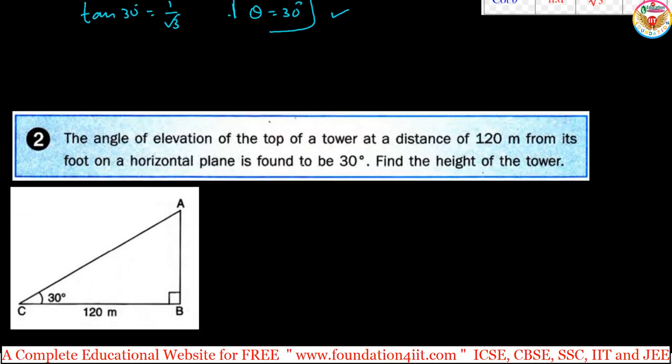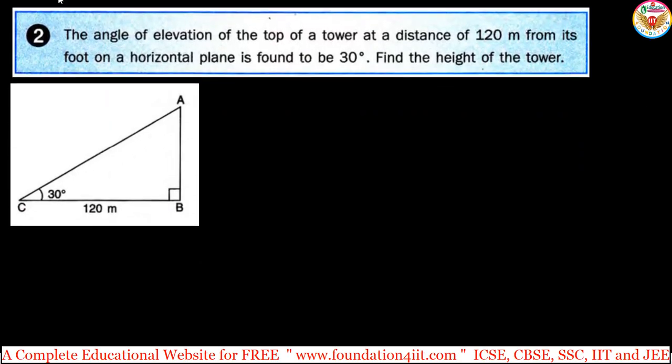Next one. Okay, one more question. Another type is to find a particular side. Like, the angle of elevation of the top of the tower at a distance of 120 meters from its foot on a horizontal plane is found to be 30 degrees. Find the height of the tower. Height of the tower, let it be h. According to the given statement, you are supposed to draw the diagram.